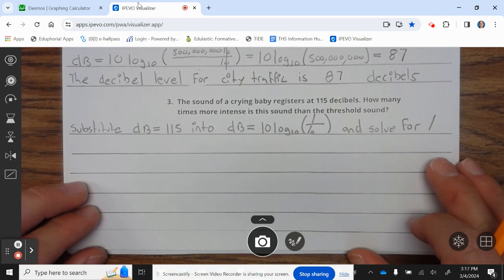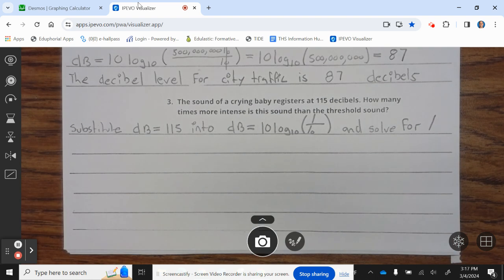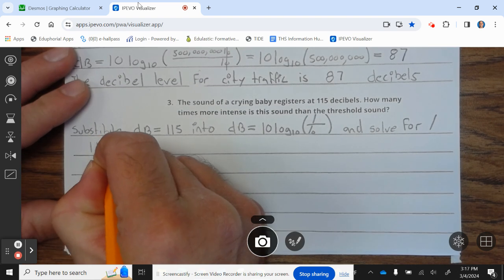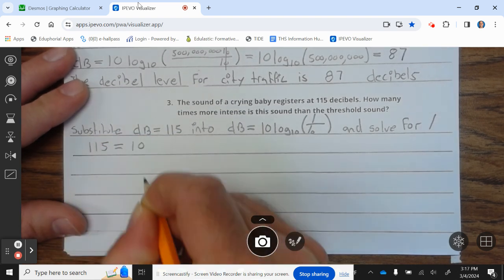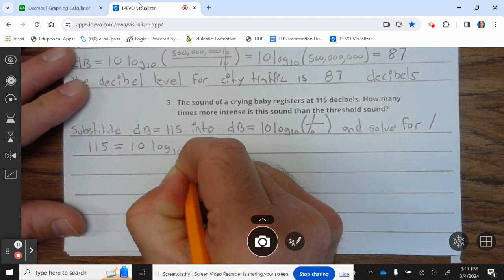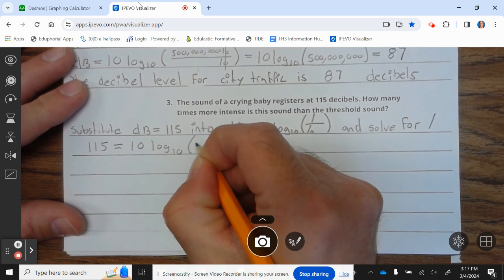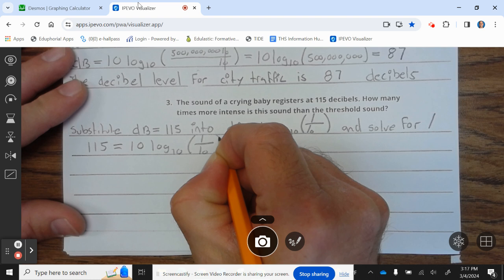Let's take a look at number 3. The sound of a crying baby registers at 115 decibels. How many times more intense is the sound than the threshold sound? Substitute dB equals 115 into dB equals 10 times log base 10 of L divided by L naught and solve for L. So you have 115 equals 10 times log base 10 of L divided by L naught.